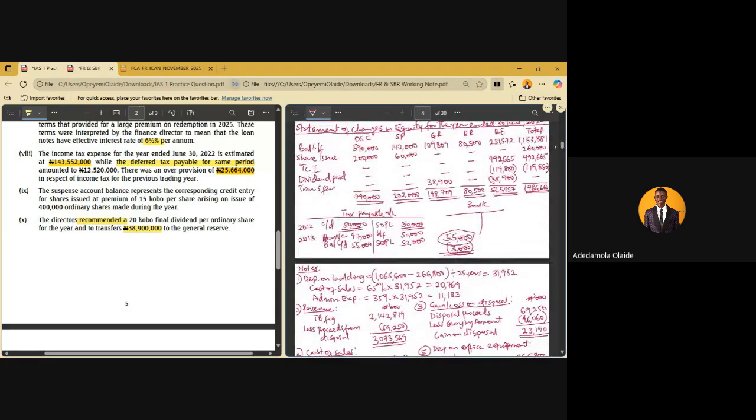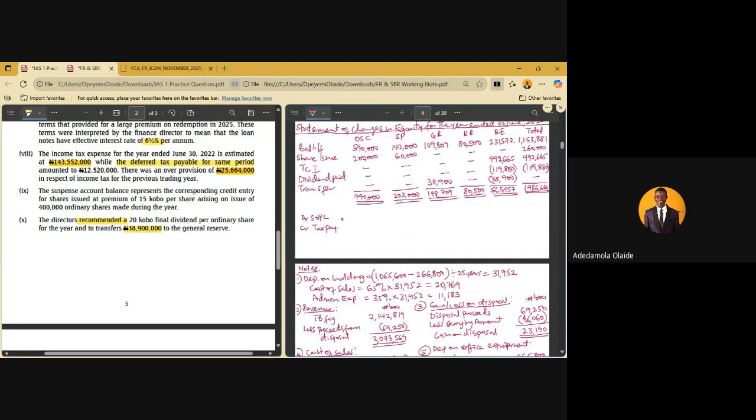Okay, let me re-explain it this way. When we made the provision for the year, what we would have done is debit SOPL, credit tax payable accounts.